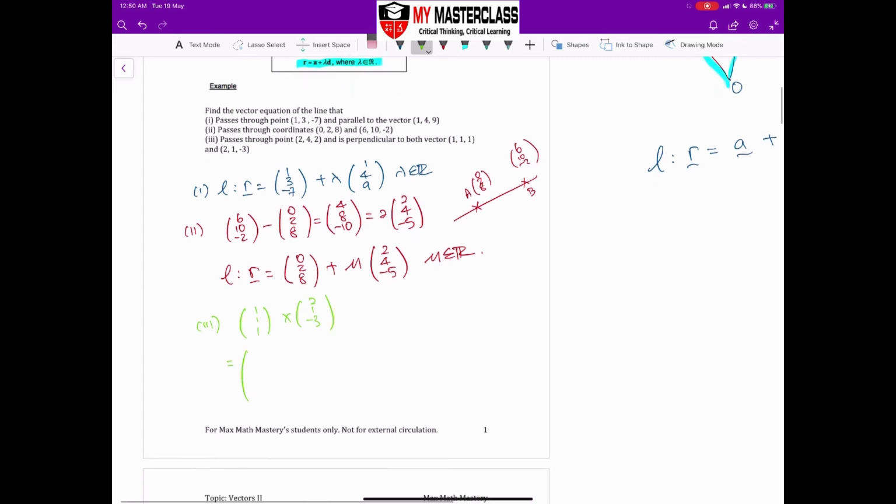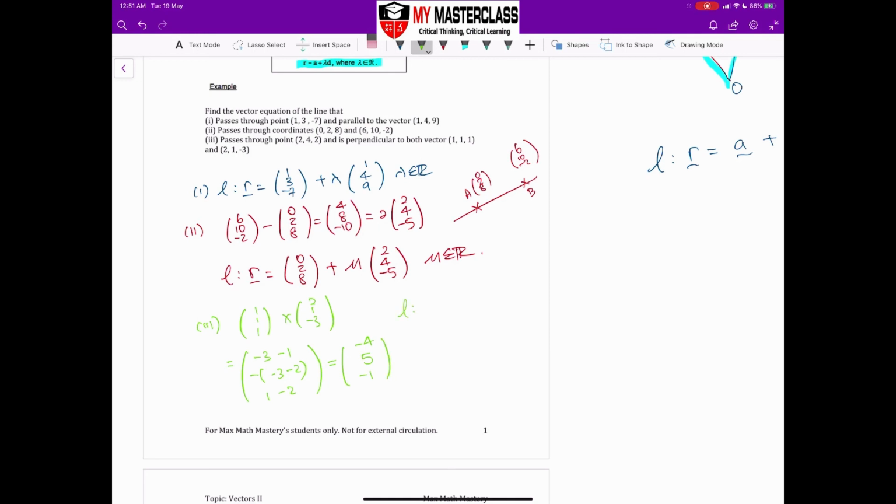Do a quick calculation. Covering the top, you get -3 - 1. Then the second row will be -3 - 2. And the last row will be 1 - 2. Simplifying further, I get (-4, 5, -1). So this will be the direction of the line.